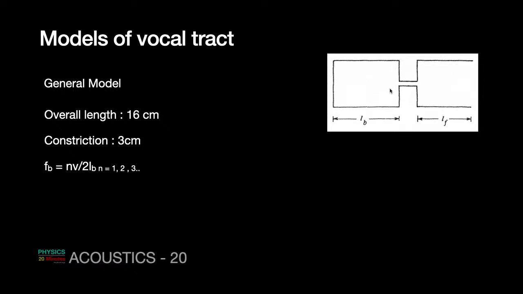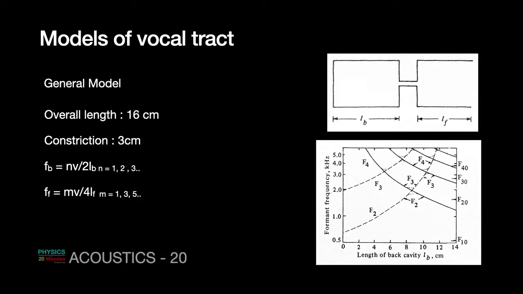Remember, in this case, this is mostly a tube which is closed at both ends. So it has the formula nv by 2LB, B for back tube, and the front tube is closed at one end, so mv by 4LF. And then these two tubes have a small, very thin coupling. So coupling actually distorts the frequencies.